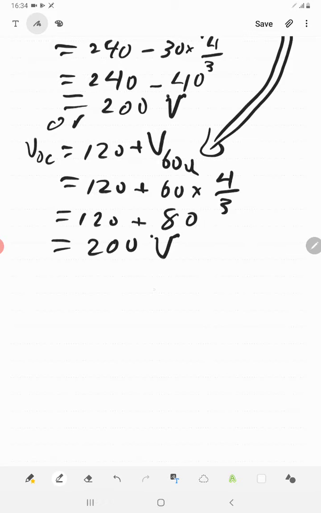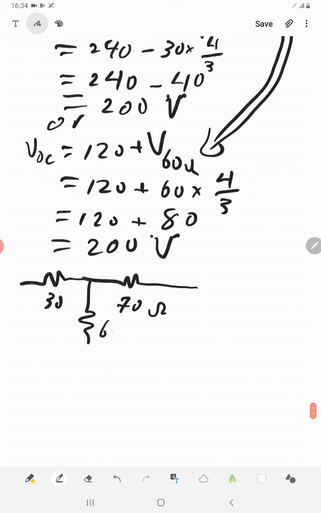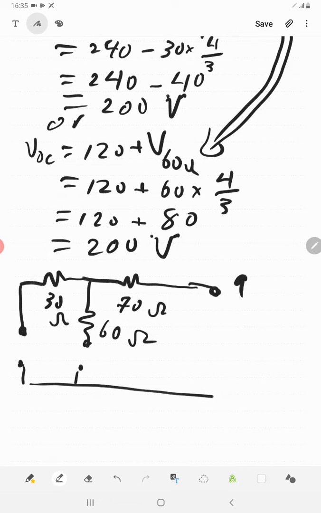Then if we want to find R Thevenin, you have 70 ohms here, 30 ohms here, and 60 ohms here. Then we remove these voltage sources. To remove these voltage sources, this is A and B, we make a short circuit. And we look at R Thevenin from these two points.